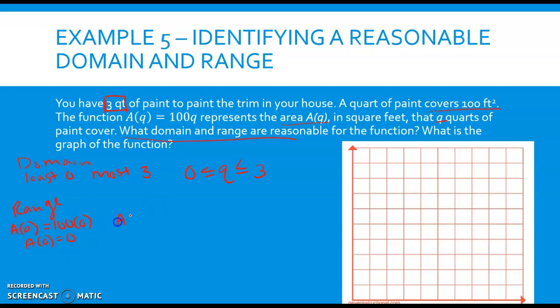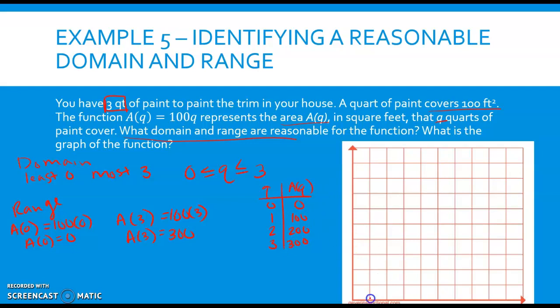And then I'm going to find A of 3, which would equal 100 times 3. And so A of 3 is 300. And so then if I make a table to make my graph, my Q's are going to be 0, 1, 2, and 3. And my A of Q's are going to be 0, 100, 200, 300.